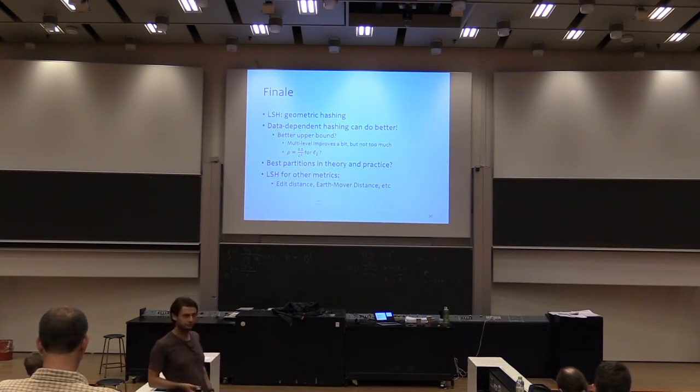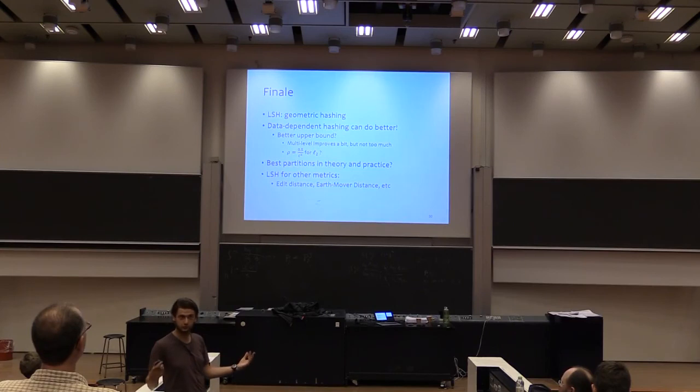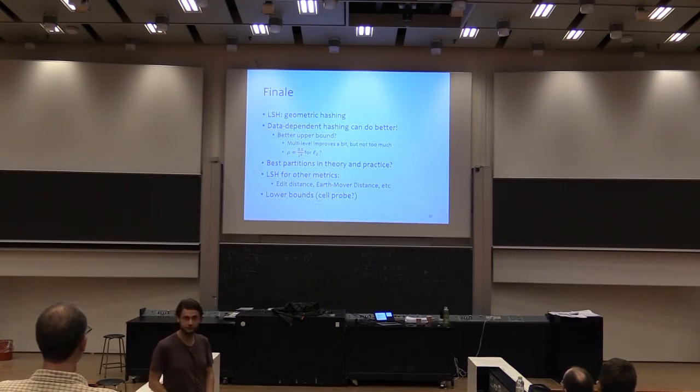Usually this goes by reducing these metrics to, say, Hamming space and then using LSH. We'd like to solve nearest neighbor search for many more distances. Another natural question is to prove lower bounds: can we settle once and for all what is the right answer for nearest neighbor search in Euclidean space? Okay, and I'll end the lecture here.